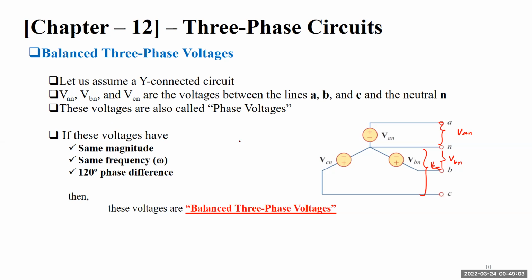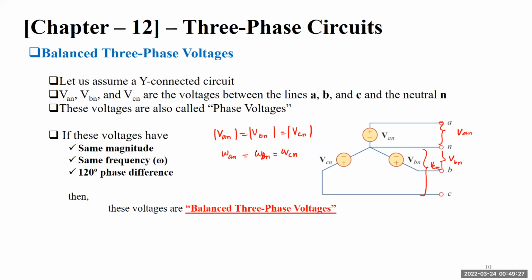So if these voltages have the same magnitude, that means the magnitude of VAN is equal to the magnitude of VBN is equal to the magnitude of VCN, and the frequency of VAN is equal to the frequency of VBN equals the frequency of VCN.